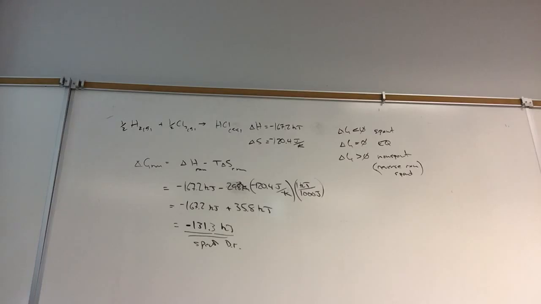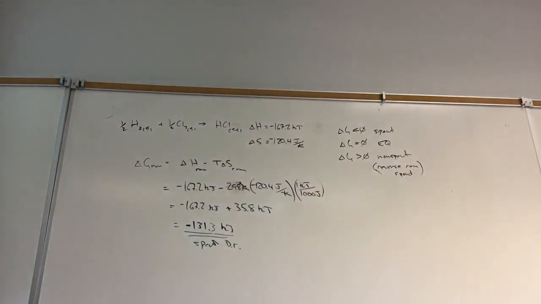However, what happens if I change the temperature? If I change the temperature, that's going to change the impact of the entropy. So if I do this at higher temperature, is it going to make this reaction more spontaneous or less spontaneous? Less. If I increase the temperature, it's going to make this less and less spontaneous.